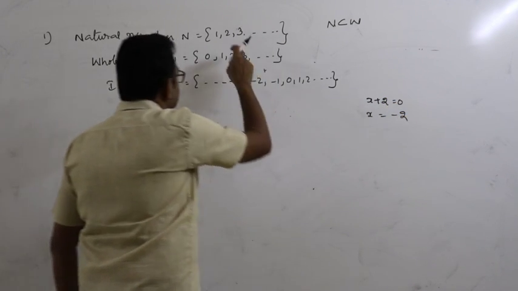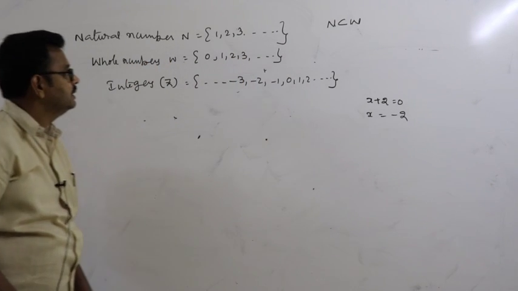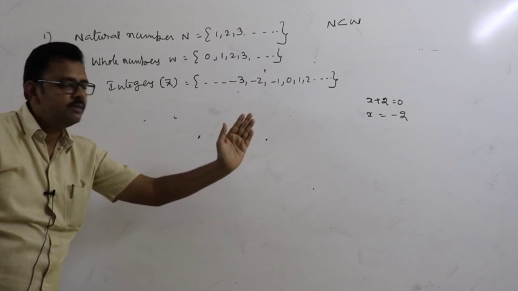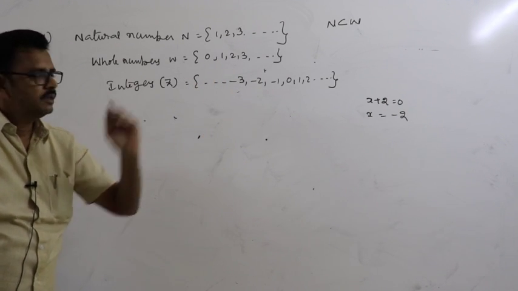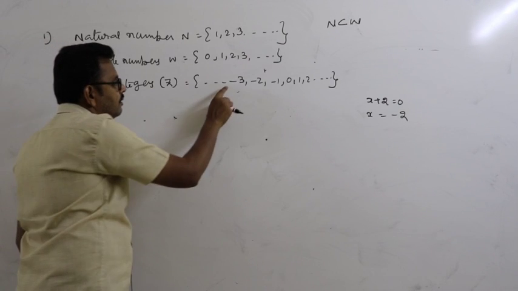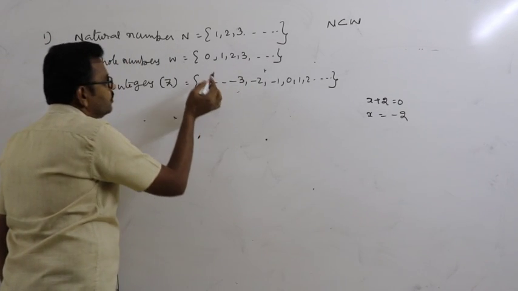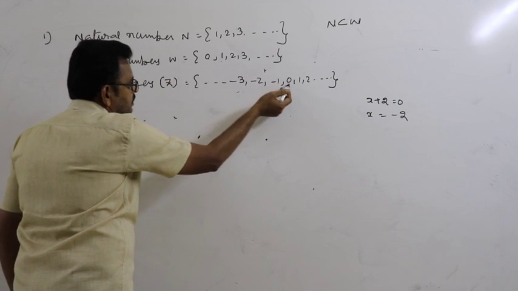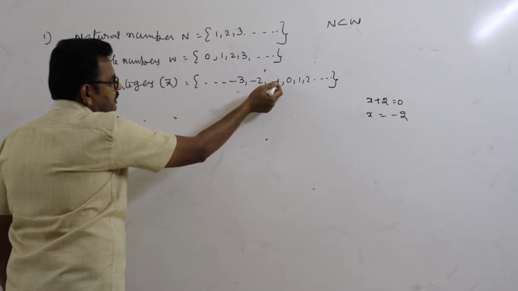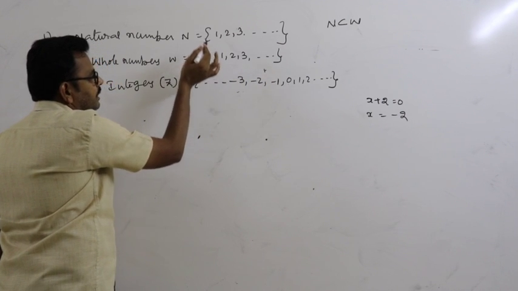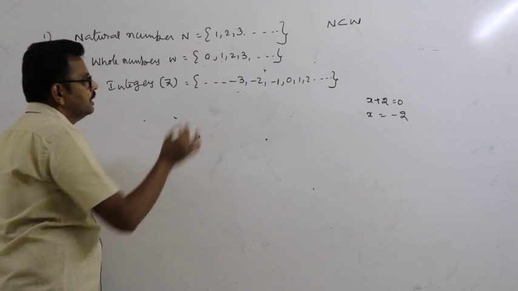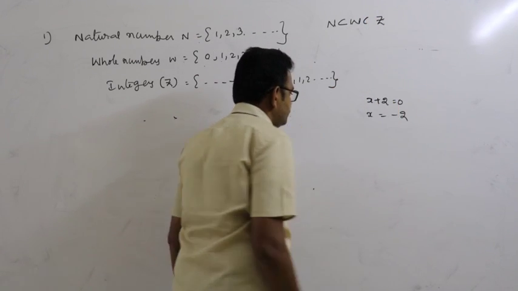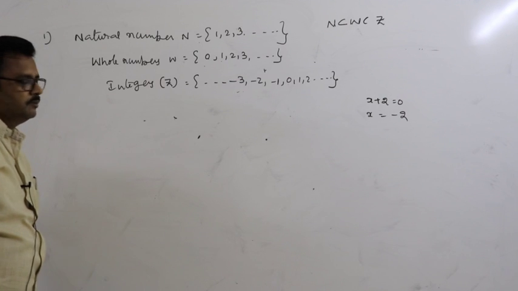There is no solution in the set of all natural numbers or whole numbers. So that is the extension of numbers, and these are called integers. Every whole number is also an integer, for example 0. But what about minus 1? Minus 1 is not a whole number, minus 1 is not a natural number. So compared to these two, Z is the big set.